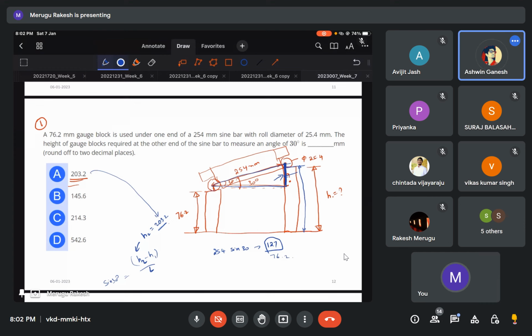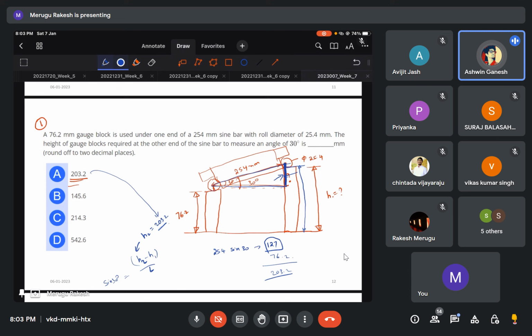Sir, in case the options are not given, here they have given one end, and we can also assume it as the other end, the smaller dimension. How can we understand which side it will be, the smaller side or the larger side? 76.2 is given. Sir, this one side and other side seems a bit ambiguous.